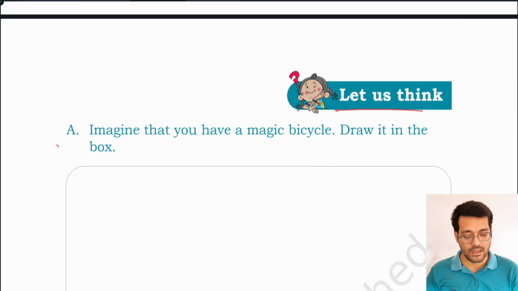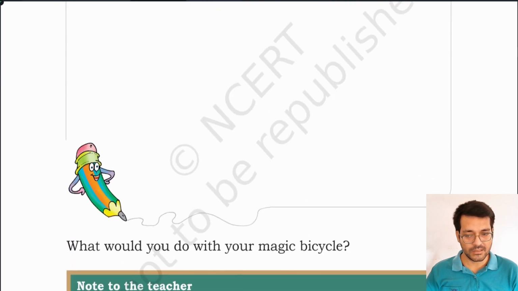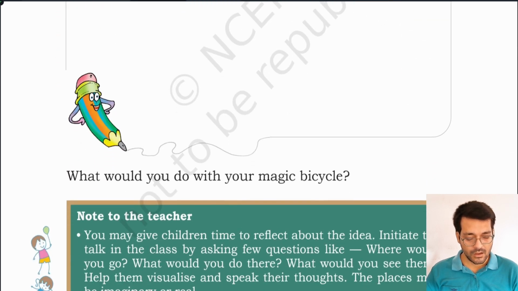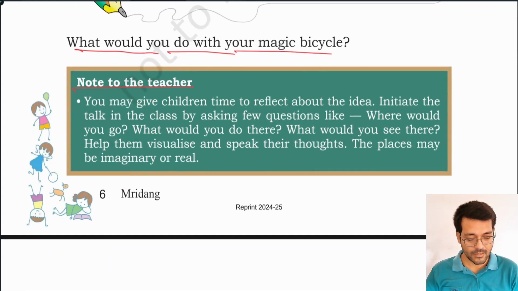Let us think. Imagine that you have a magic bicycle. Draw it in the box. You can draw a magic bicycle here. What would you do with your magic bicycle? Note to the teacher: you may give children time to reflect about the ideas.